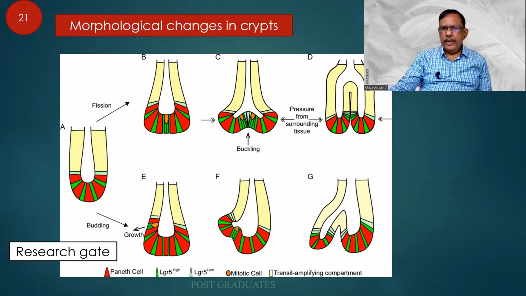So it can be due to pressure from the tissue. Also, you find that there can be a growth pressure, as well as a reproduction leading to an outpouching that is possible. So there is a branching crypt which can be there. So all these morphological changes, fission, buckling, infolding, then the outpouching, as well as the branching of the crypts, you people shall and will write.